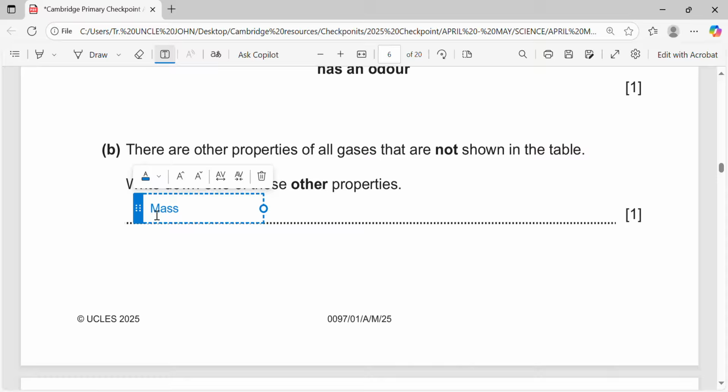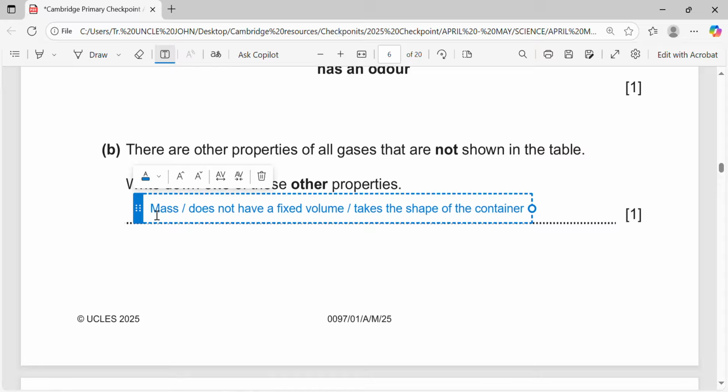You can say does not have a fixed volume. You can say takes the shape of the container. Or you can say does not have a fixed shape.